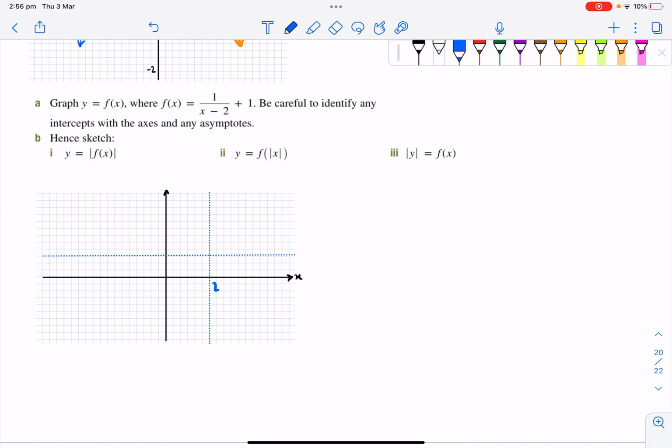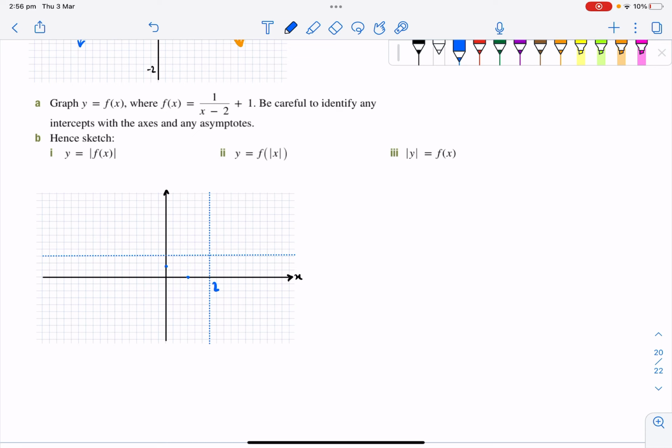And if I test, let's test 1. If I put 1 in here, I get 1 over negative 1 plus 1, which is 0. So that means x equals 1 is intercepting right there. Also, if I put x as 0, I get negative half plus 1, which is half. So I get a y-intercept there.